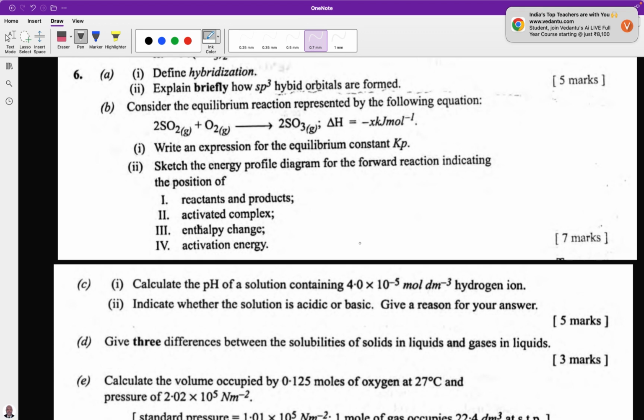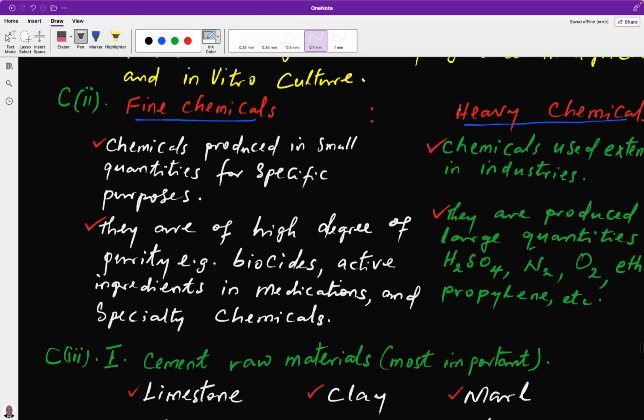2. Explain briefly how sp3 hybrid orbitals are formed. In this type of question, you need to write step by step, just as I'm going to explain to you how sp3 hybrid orbitals are formed. Let me show you how you can do it.